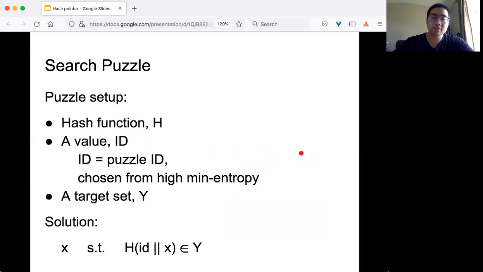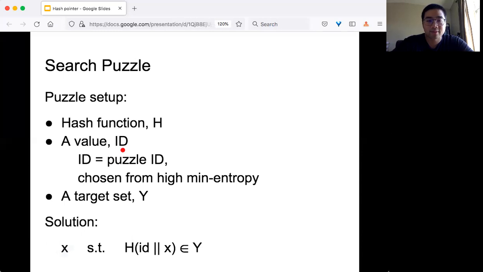So what exactly is a search puzzle? In a search puzzle, the setup roughly has three inputs. The first one is a hash function that satisfies the puzzle friendliness property. Then we have a value, which we just call ID.